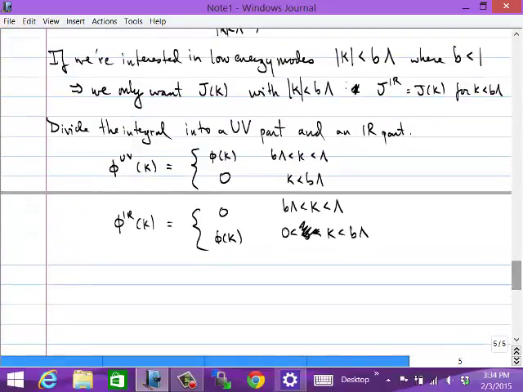This is just a relabeling of our field degrees of freedom. So the integral over all field variables with k running from 0 to lambda can be divided into 2 parts: an integral over the IR part and an integral over the UV part. And our goal then is to do the UV integral and be left with some theory in the infrared. That'll be the theory that we actually observe.